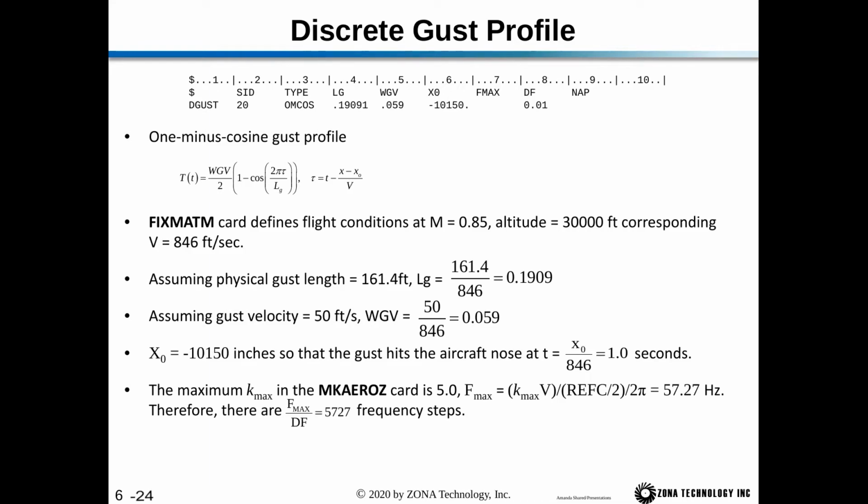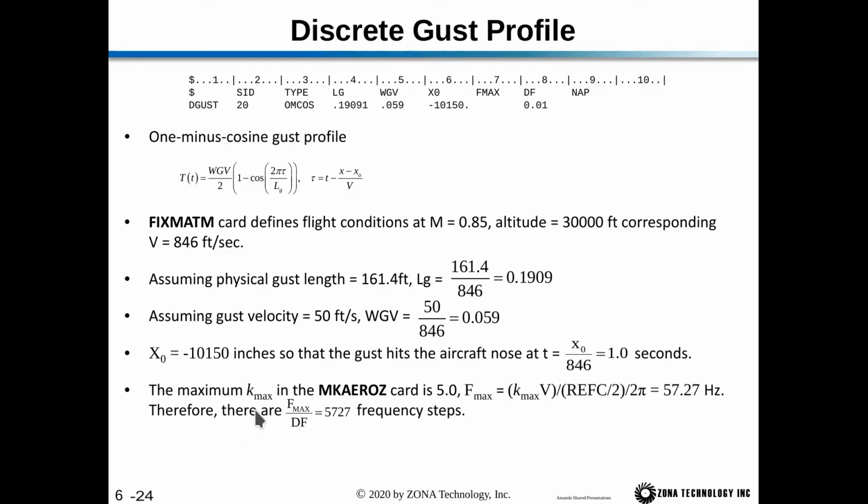X naught is minus 10,150 inches, so that the gust hits the aircraft nose at a time of X naught over 846, which is 1 second.